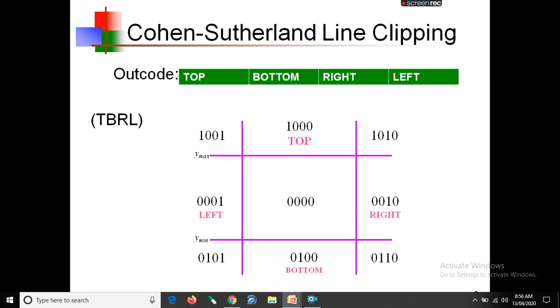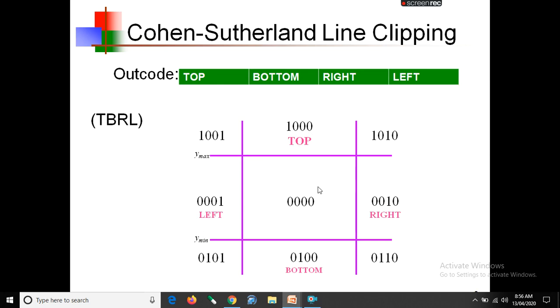Now we need to determine whether the endpoints of the line segment lie inside or outside the clipping window. Inside the clipping window means all 4 bits of the output are 0. If any one bit or any two bits in a given output are 1, it lies outside the clipping window.